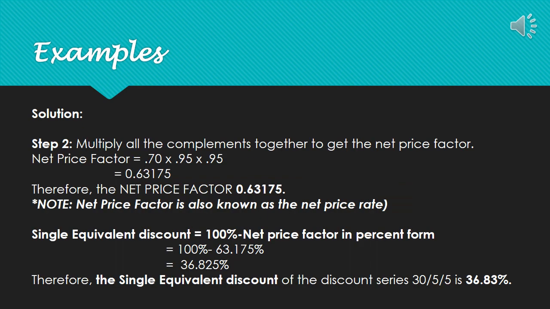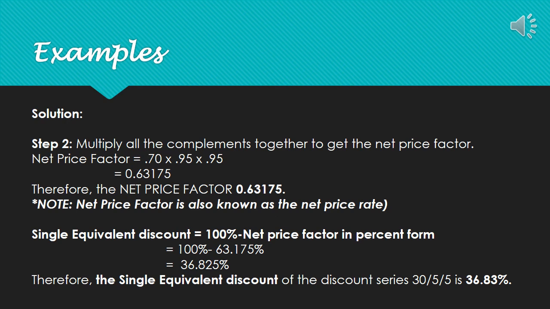For step 2, multiply all the complements together to get the net price factor. So, net price factor equals 0.70 times 0.95 times 0.95, then we'll get 0.63175. So, the net price factor we have is 0.63175.